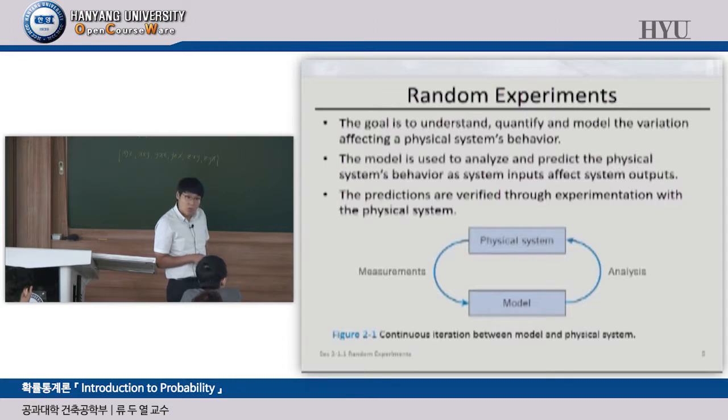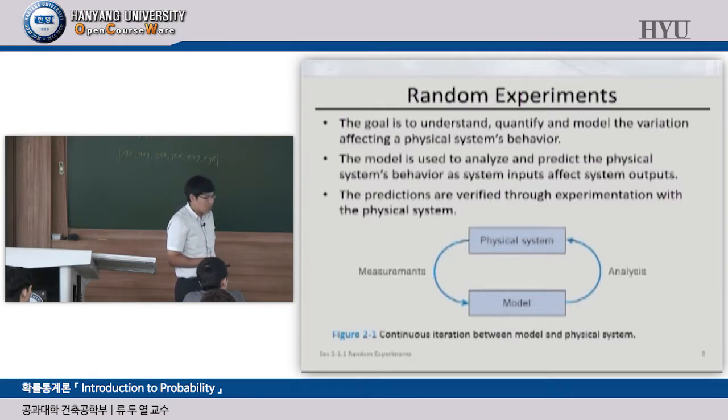Based on the proposed model, we can predict or presume the conclusions from the physical system. But if the result from the physical system is not well predicted by the proposed model, we have to perform more experiments to obtain more data. And based on the data from the additional experiments, we can refine the model.